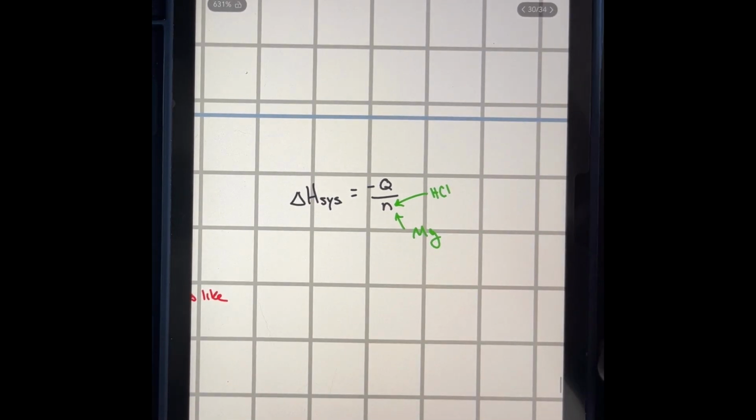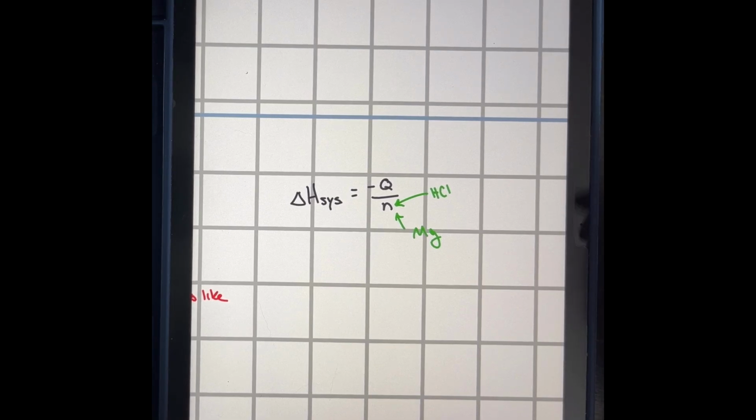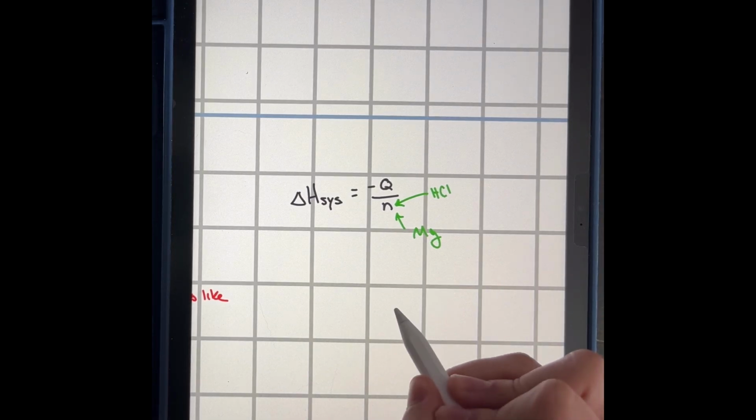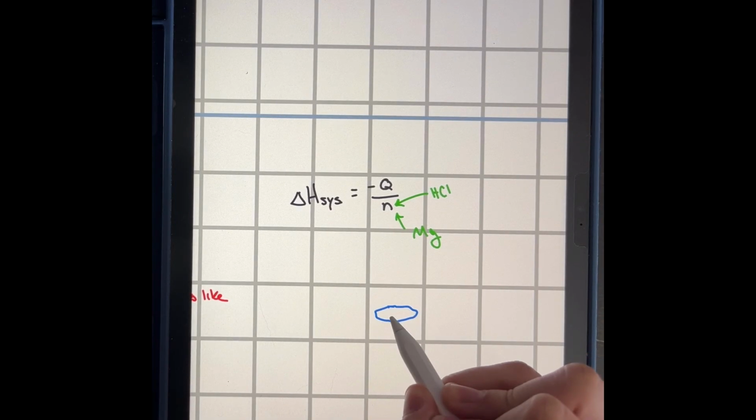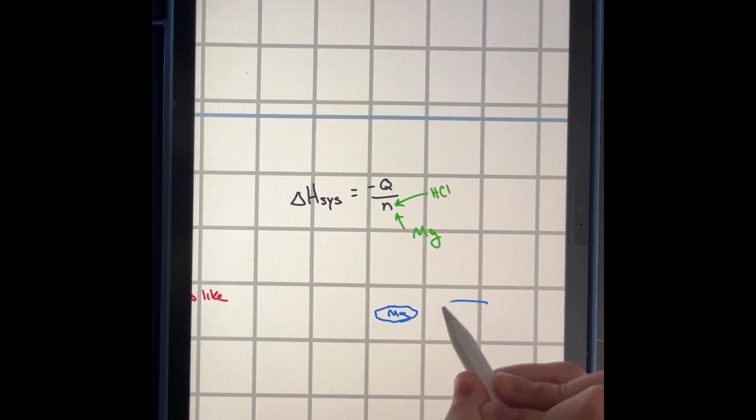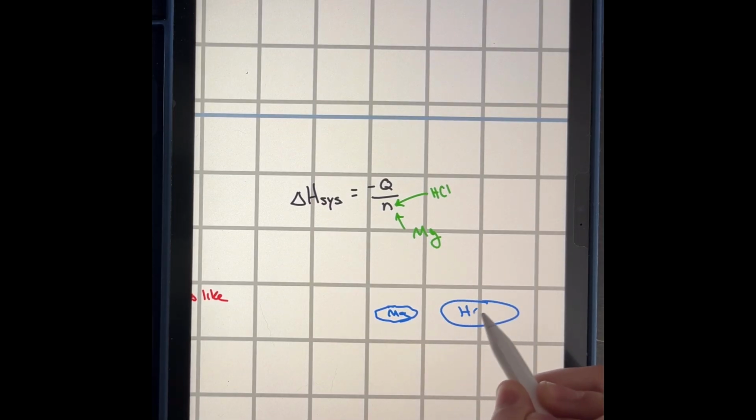The reason that we use the one with the smallest moles is because if we were to use the one with the largest moles, then that just wouldn't work. This is kind of difficult to explain, but we have this amount of Mg and this amount of HCl.